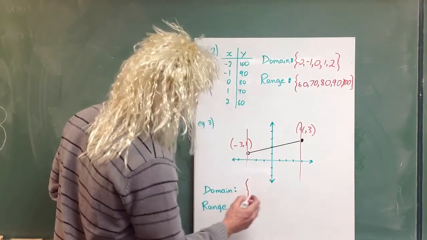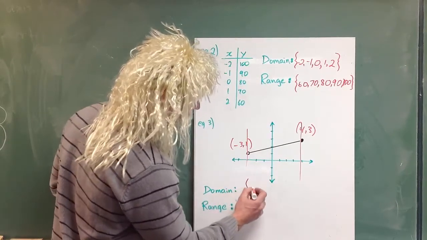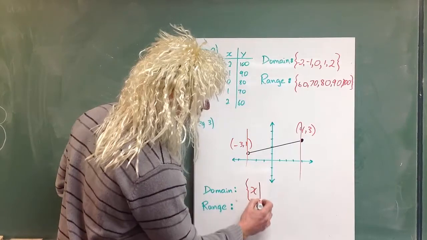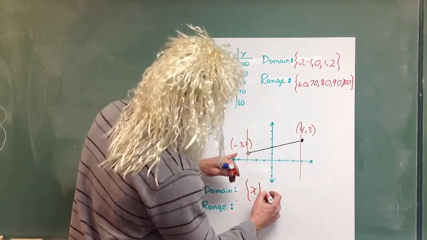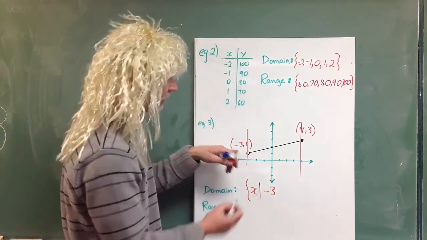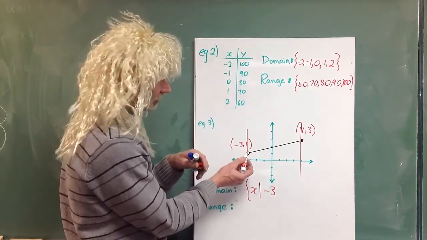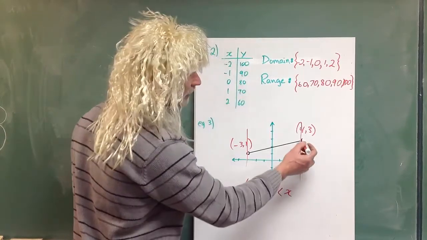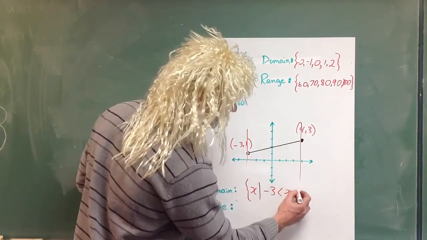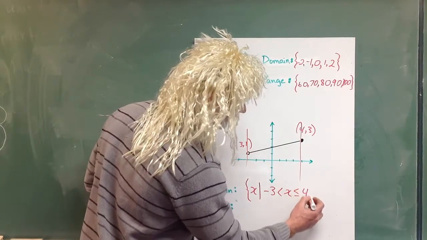I'm going to combine what I learned in Math 9 with what I just showed you here with the curlicue brackets. So, the domain, x such that, that's what that symbol is, x such that, -3, it cannot be -3, notice the hollow dot. It's not a solid dot, it's hollow. So -3 is less than x, but it can be 4, because it's a solid dot, is less than or equal to 4.